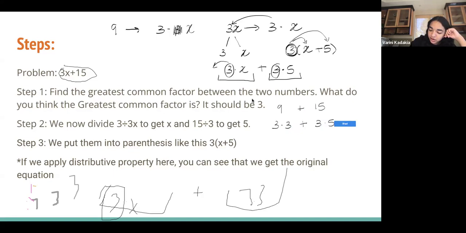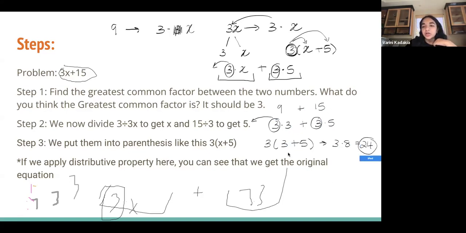Then you would factor out the 3. So you take this out and you get 3 times 3 plus 5, and this gives us 3 times 8, which is 24. So if we put it in factored form, we still get 24. But now let's make sure that's the right answer. If we do 9 plus 15, we also get 24.